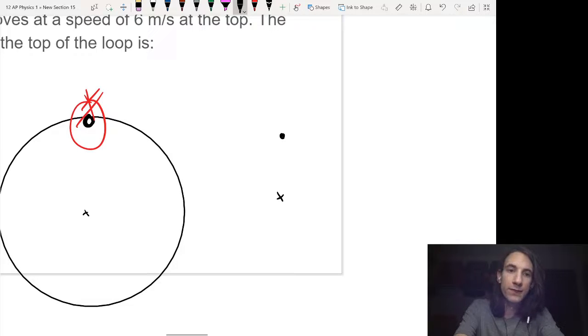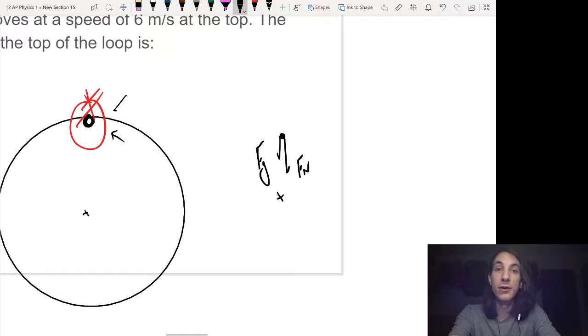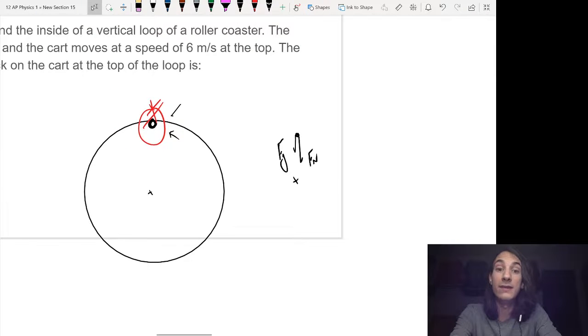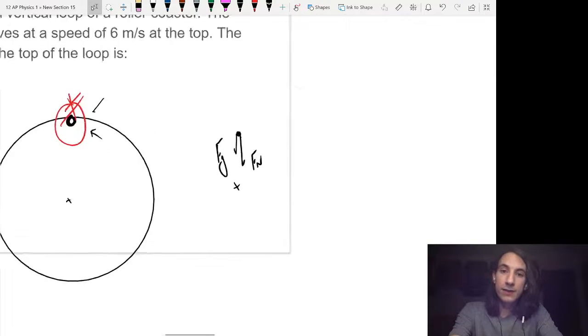I have a normal force between the surface and my object. I know that normal forces act perpendicular to the surface, which means that my normal force is going to be pointing downwards. And then, of course, I have the gravitational force because this thing is a massive object that exists on Earth. Massive being it has mass. So I have this situation.